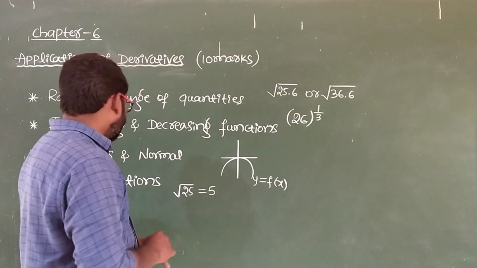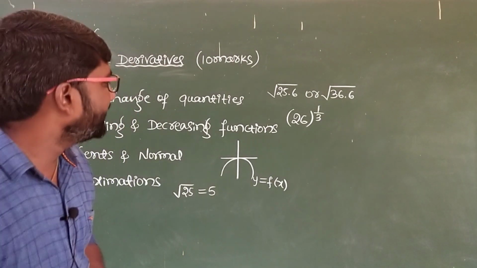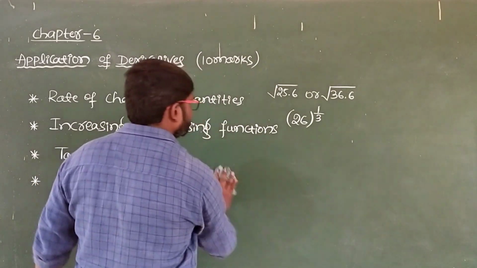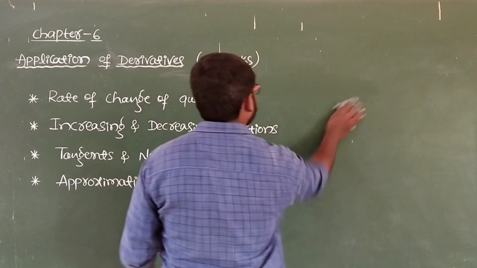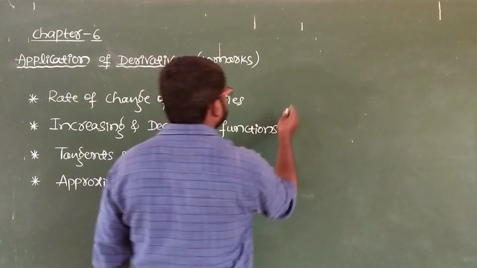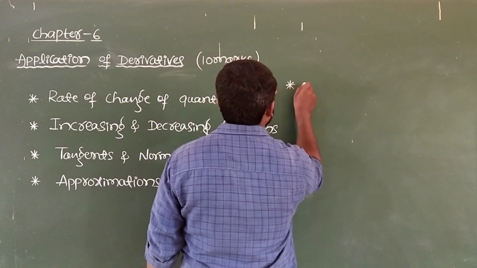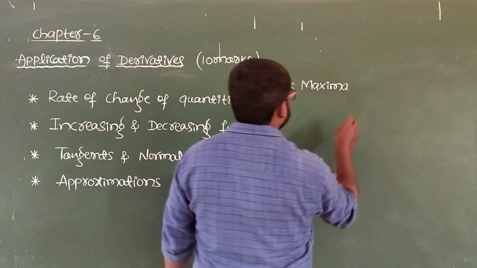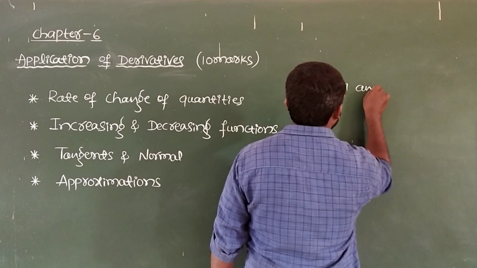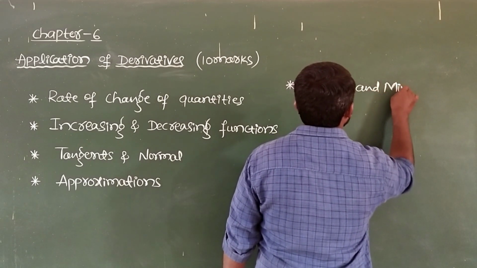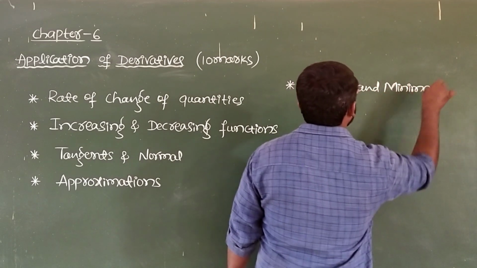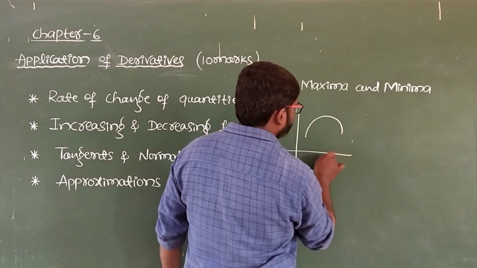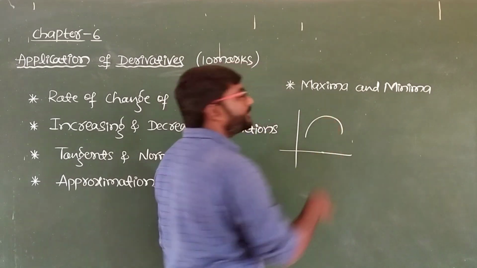And lastly, it is maxima and minima. There also we will be using differentiation. If you consider the function, at some point it is going to attain the maximum value.